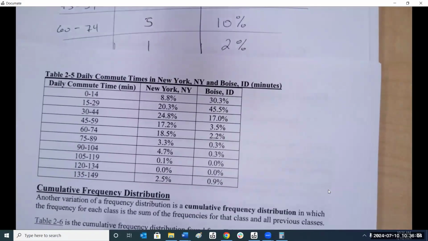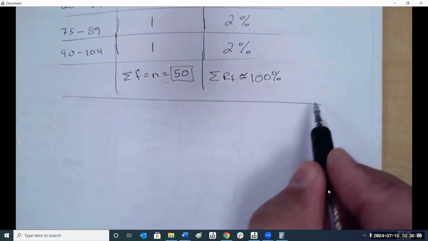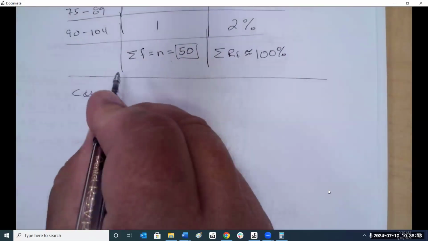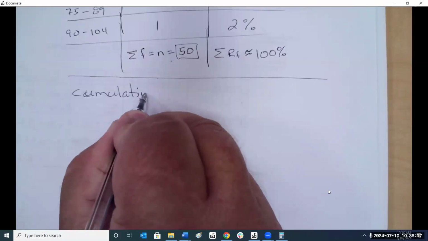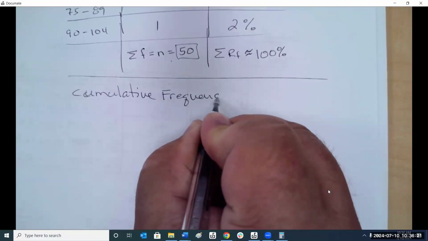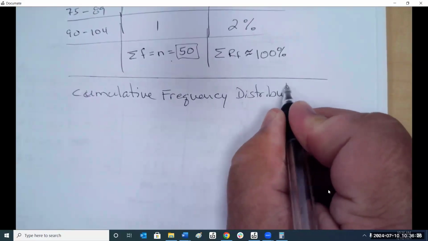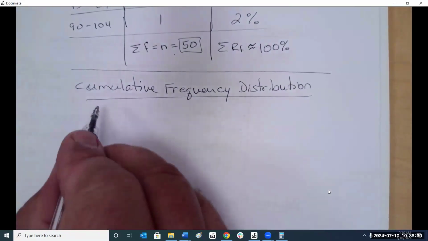Now, we have another type, called cumulative frequency. A cumulative frequency distribution.